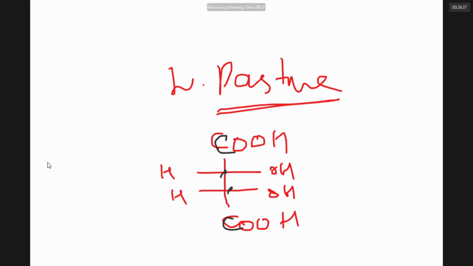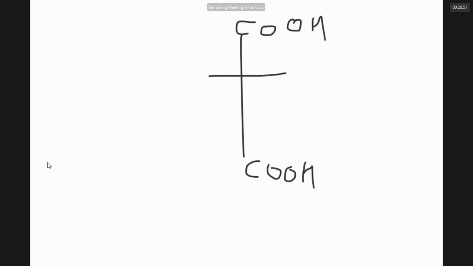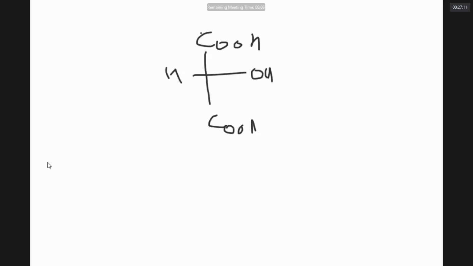It is 2,3-dihydroxy butane-1,4-dioic acid.